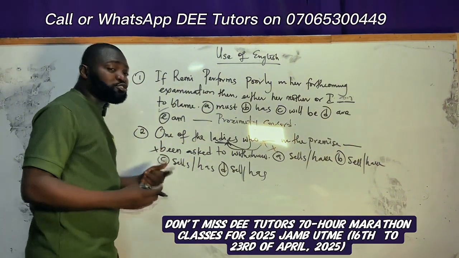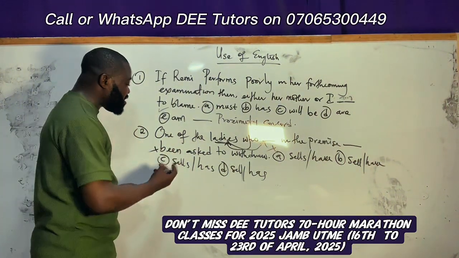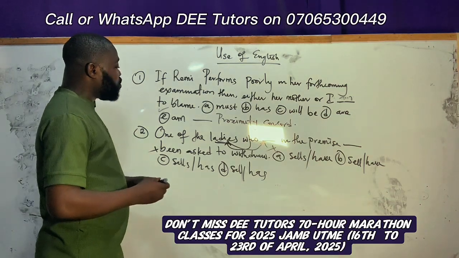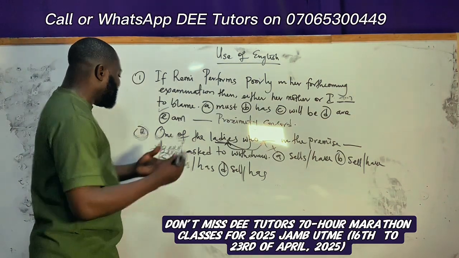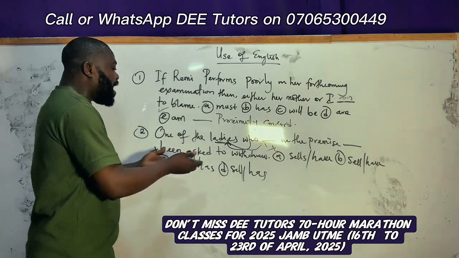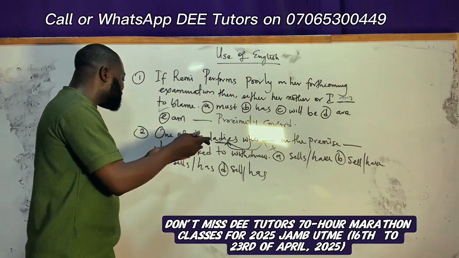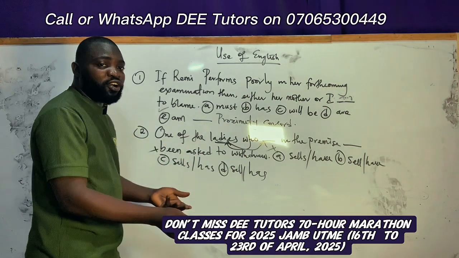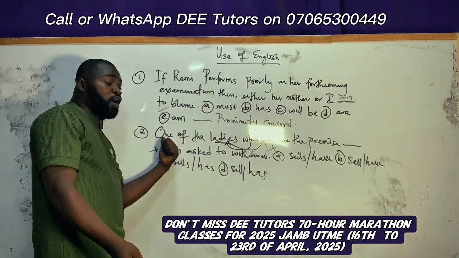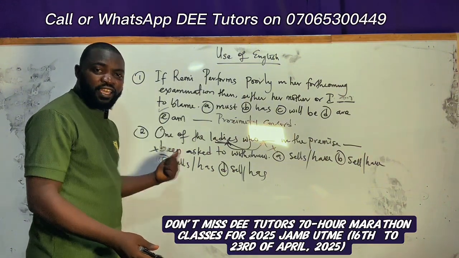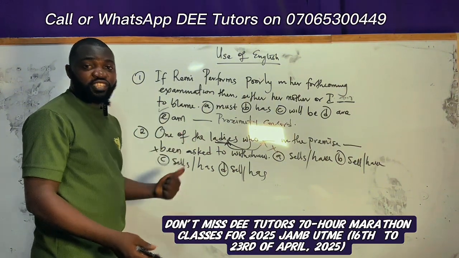If we were to do a detachment of this sentence, we're going to have something like: one of the ladies dash be asked to withdraw. That is, one out of several ladies dash be asked to withdraw. So since what we have here is one, and it is meant to be treated as singular, the verb to be used here is going to be singular.